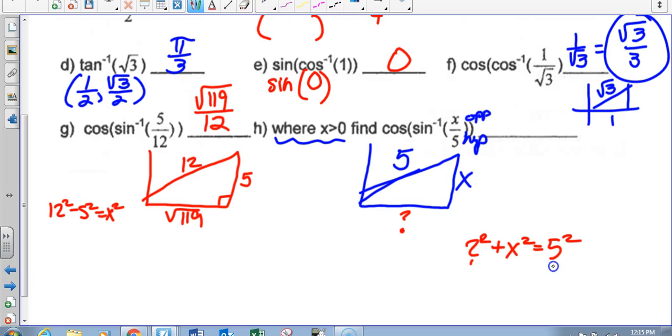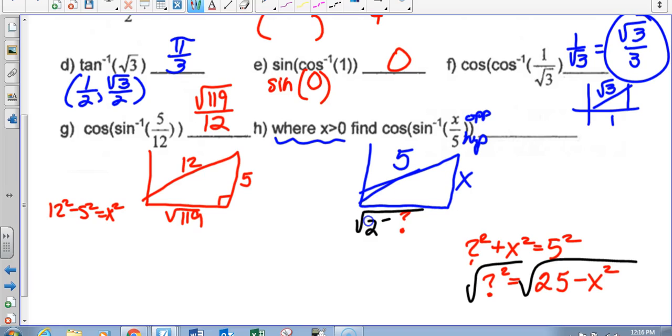Okay, so I have question mark squared equals, can I write it as 25 instead of 5 squared? So answer for that side? Yes, no simplifying. It's just the square root of 25 minus x squared.